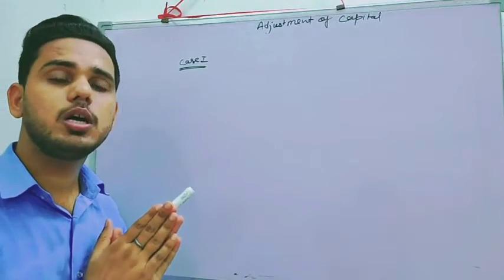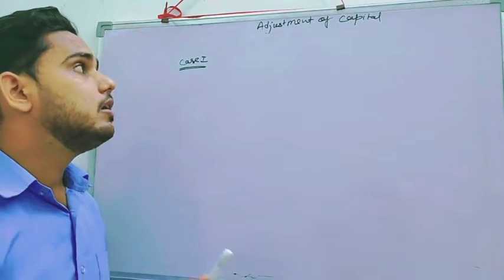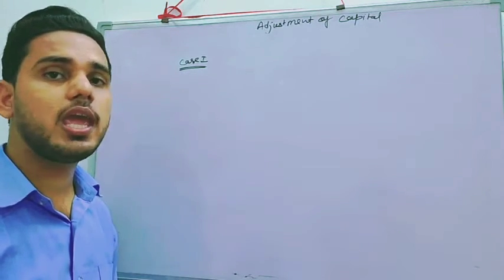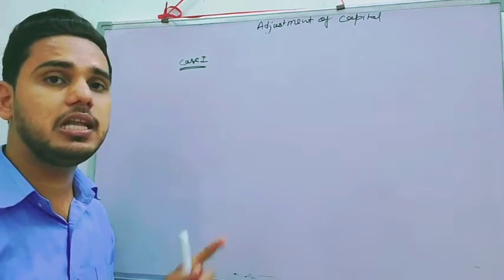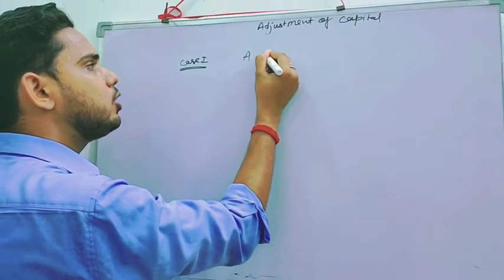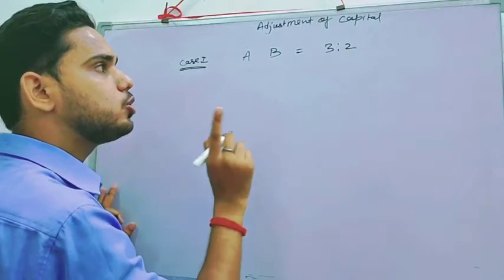Okay, so the adjustment of capital means the closing capital will be given as a statement in your question. Okay, and it can be written in many ways. Let's suppose A and B were two partners. Their profit sharing ratio was, let's suppose, 3:2.